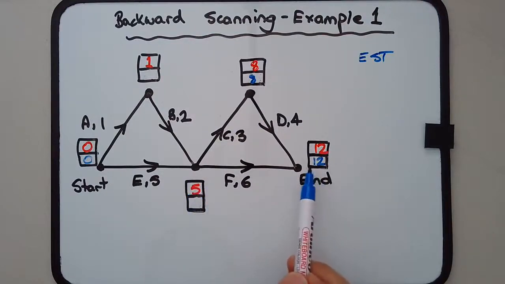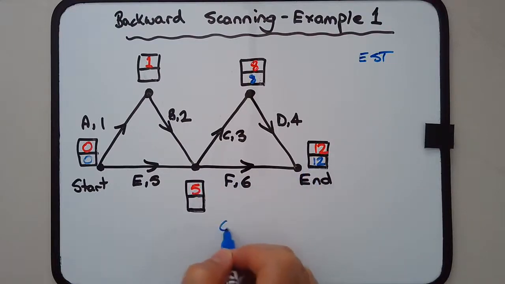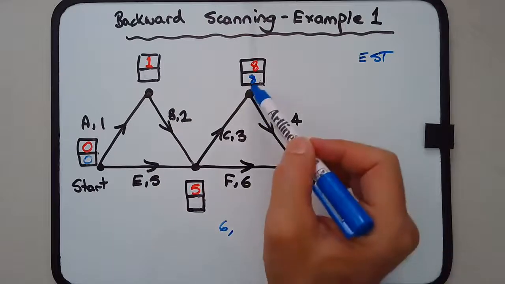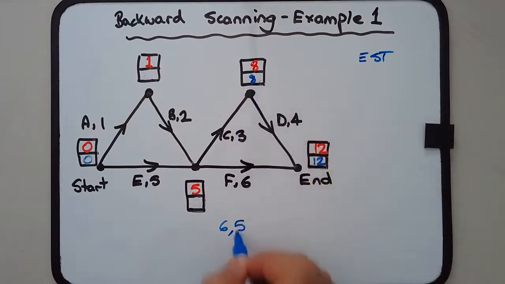So 12, going through activity F, 12 minus 6 is 6. We've also got 8 minus 3 is 5. We put the lower of the two numbers this time instead of the higher. So we put 5 there. So far, we've shown that there's no leeway, or float time, basically, for any of these activities.